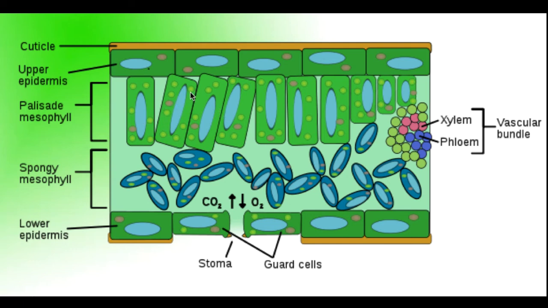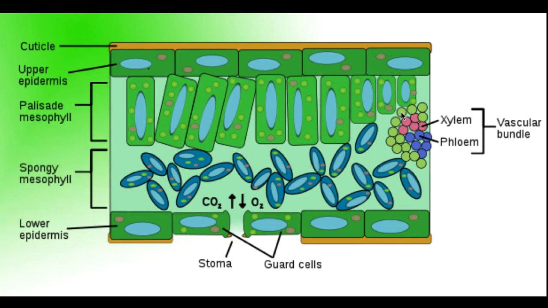One is rod shaped like this, like pillars. This is what we call the Palisade Mesophyll, while the other one is like this. They are not too close to each other and create hollow spaces here. They look like sponges, so they are called Spongy Mesophyll.